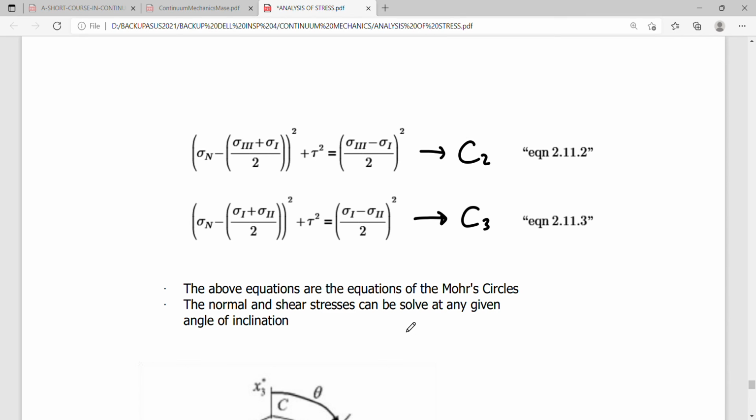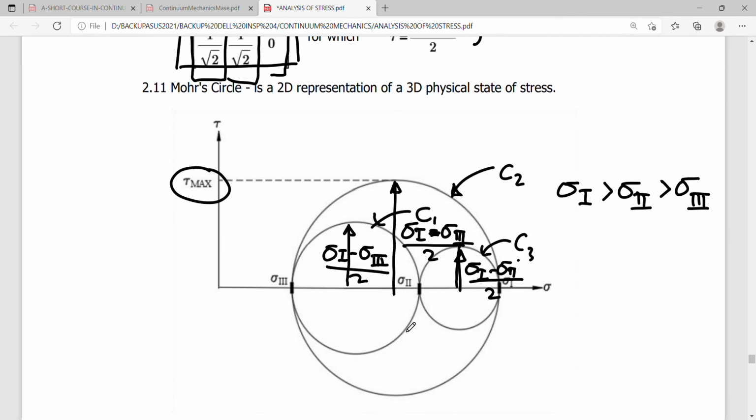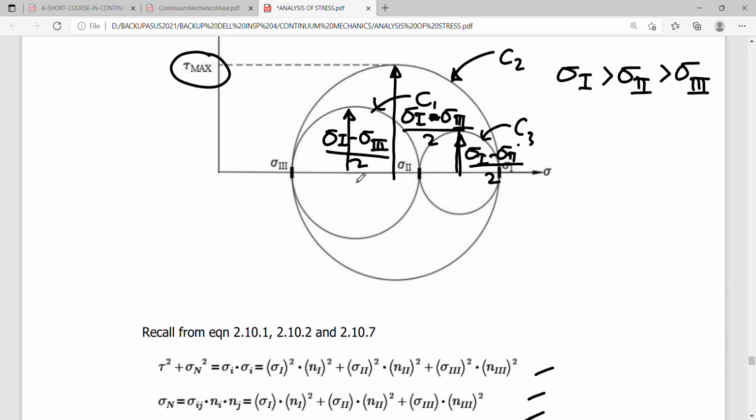So if you want to get the value of the normal and the shear stress at a certain angle of inclination, then you just refer to the circle here at a certain point upon which the angle is represented. In the physical space, it's always twice the angle of inclination.